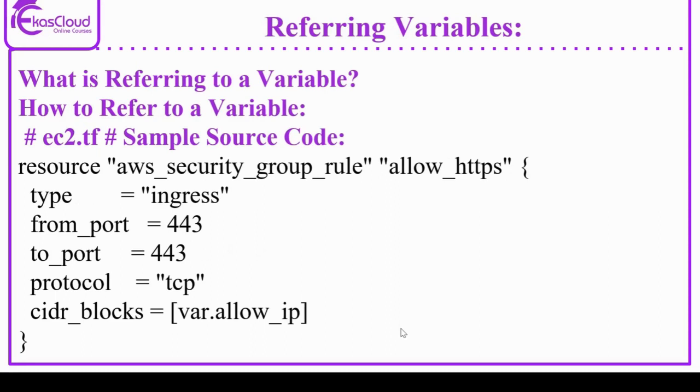Next, I'm going to explain referring variables. First, I'm going to explain what referring to a variable is, and then how to refer a variable. Referencing a variable in Terraform involves using its value within your configuration to make it dynamic and adaptable.